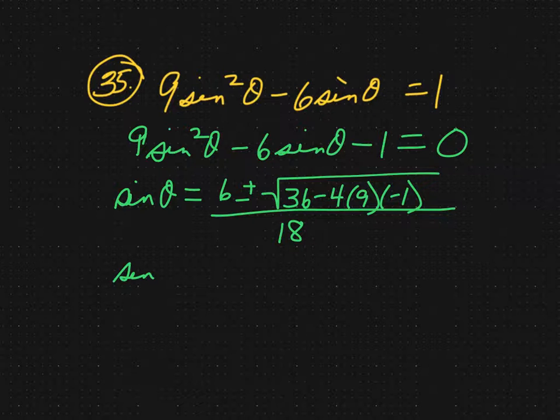So sine of theta will equal 6 plus or minus the square root of 72, which would be 9 times 8. Well, let's do something different than that. Let's go 36 times 2. That'll be easier.